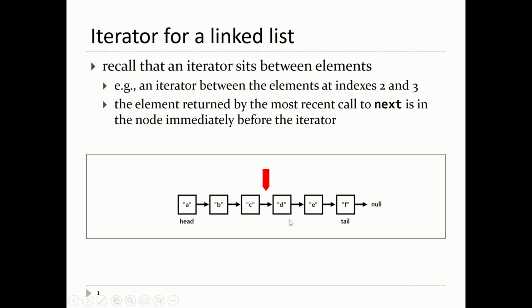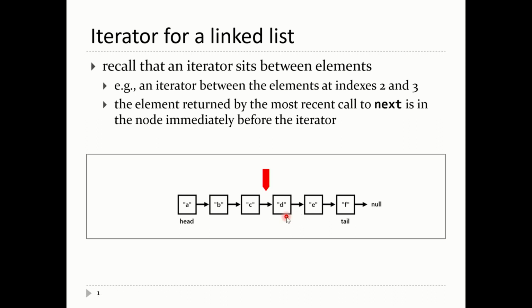With the array-based list, we kept this index and this index. Now for a linked list, I want a reference to this node. I don't need a reference to the next node, though. If I have a reference to this node, I can get to the next node just by following its link.